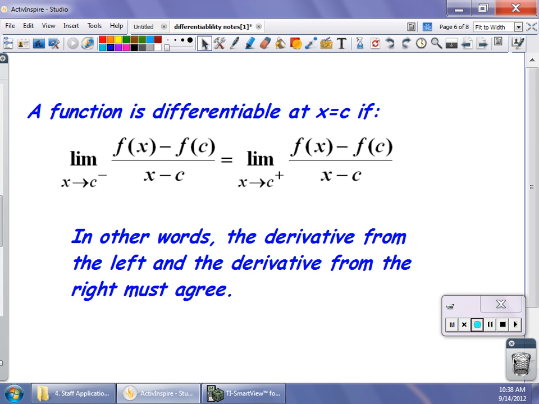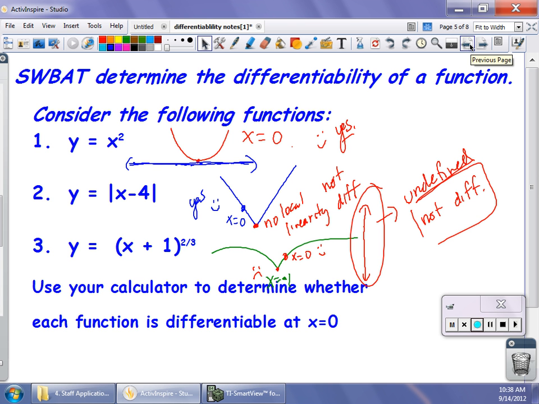Well, let's go back to the curves. If you take a look at the first function, y equals x squared, and let me erase that tangent line that I have there. And let's think of a series of tangent lines.